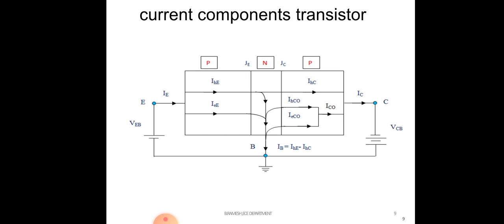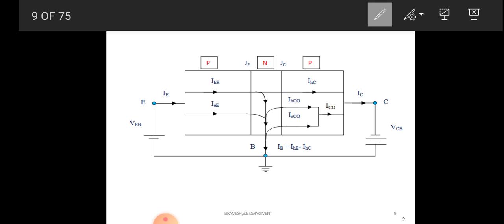Now the transistor general current equation: IE is equal to IC plus IB.